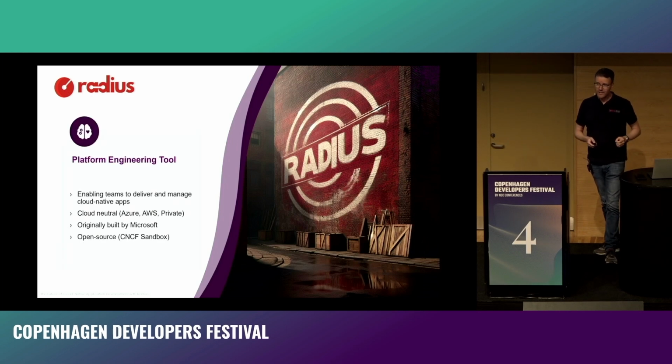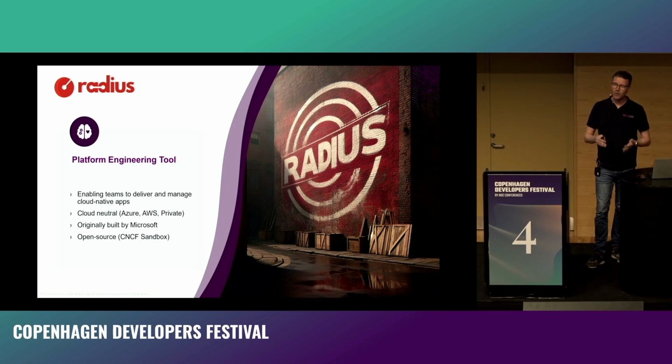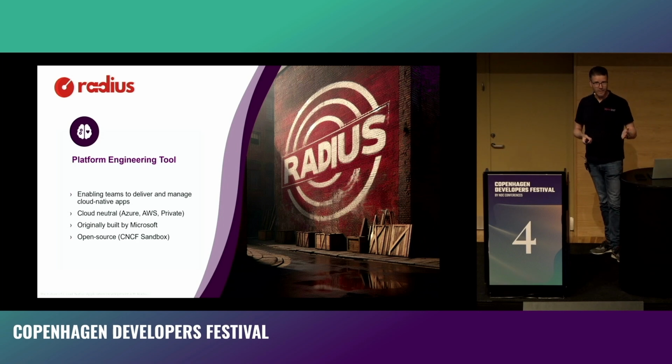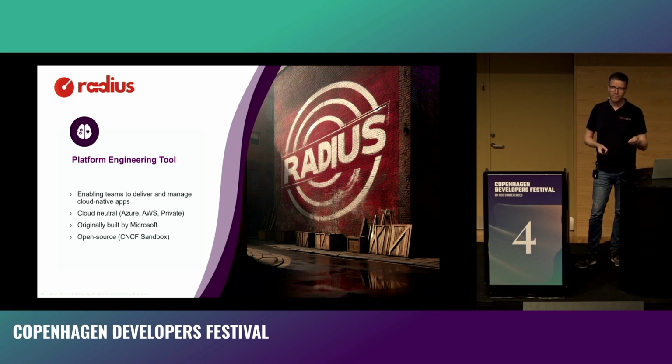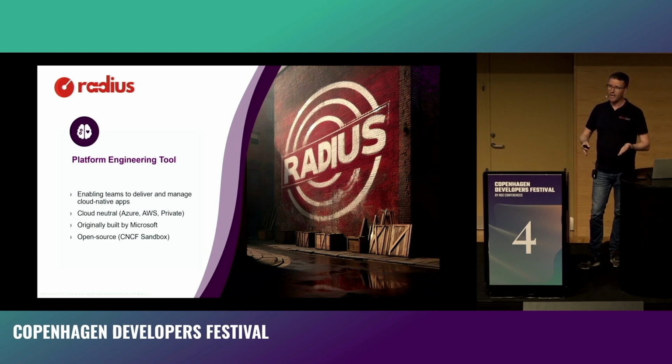Radius is a platform engineering tool. So it enables product teams to become more efficient by offering golden paths into production. The cool thing here is that it's not necessarily cloud specific, so it will run on AWS, it will run on Azure. In the future, it may even run on Google Cloud, and it can also run on your laptop, your Raspberry Pi, well, anything.